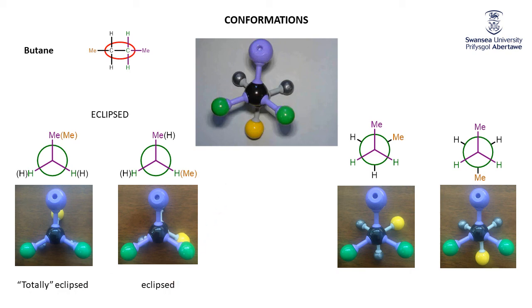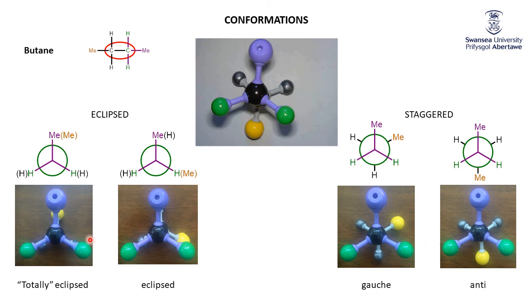However, the names associated with the 2 staggered ones are important, because in the staggered, the methyl can either be 60 degrees around, as the case here, or 180 degrees around, as the case here. 60 degrees is called gauche, 180 degrees is called anti. And that anti arrangement there is something we will see several times as we keep going through reactions and reaction mechanisms.